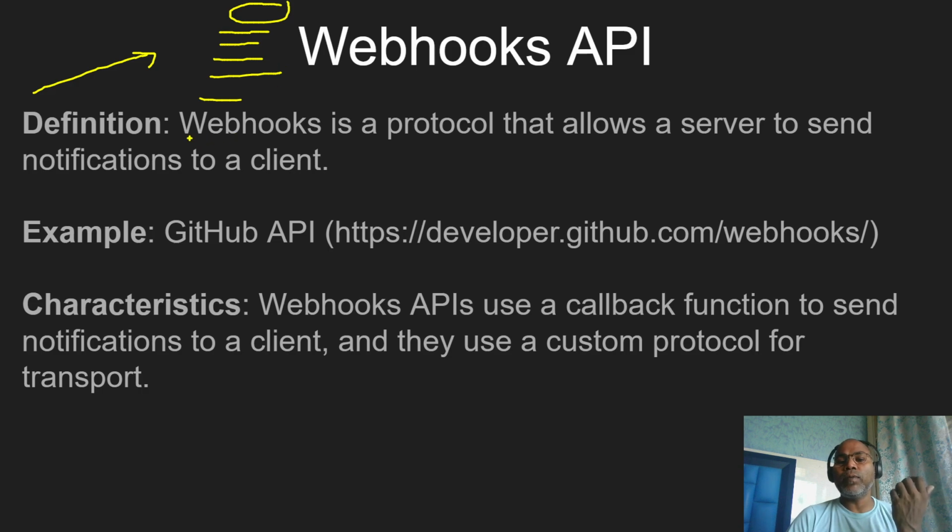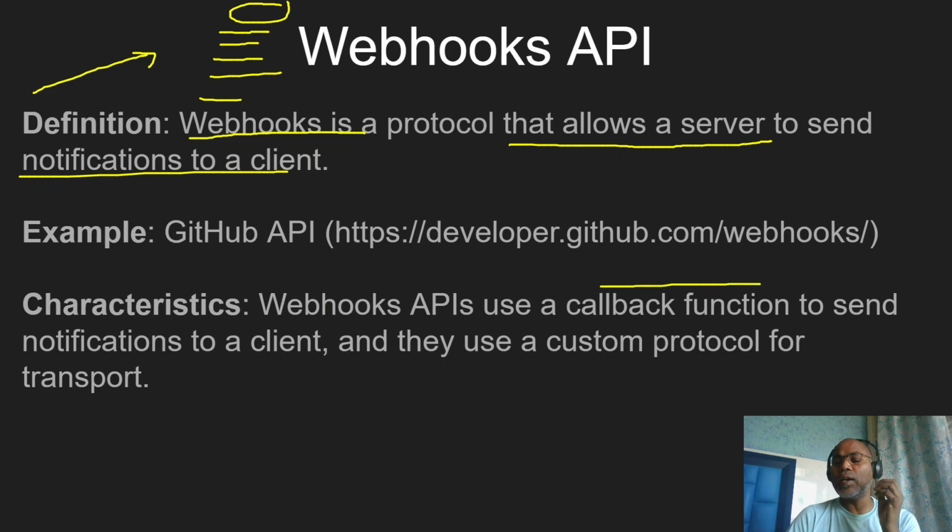In such a scenario, Webhook is a protocol that allows the server to send notifications to clients, and this Webhook API is like a callback function. We have to register, hey, this is my request and this is my callback function. And once you are done, it just updates all your status changes to the particular clients.